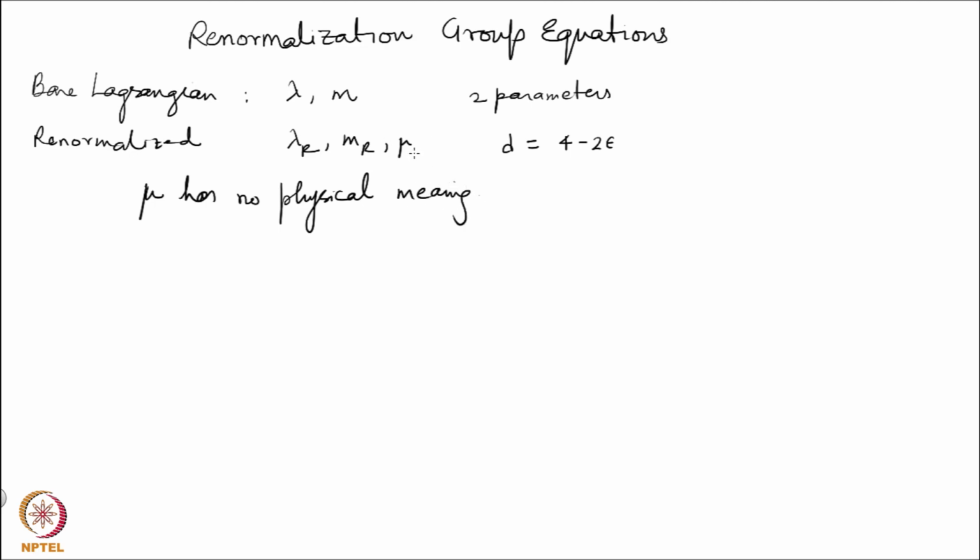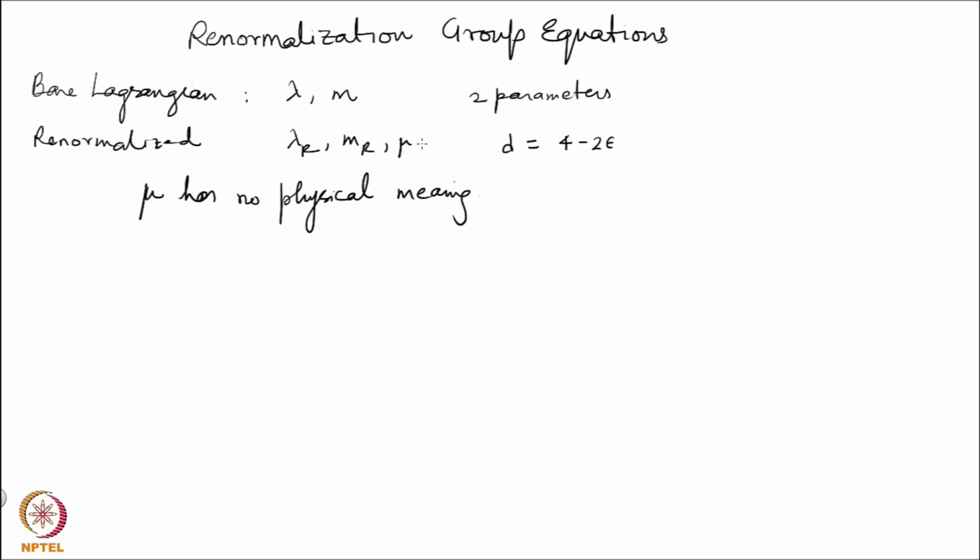So the way you work is you fix some value of mu, choose some value of lambda r and m r, and that will fix the values of lambda and m. Okay, and that defines your theory. So all physical observables are then defined once you have made a choice of mu, m r, and lambda r. Okay, because that fixes m and lambda for you. For example, the physical masses or the probabilities of certain scatterings or any scatterings.